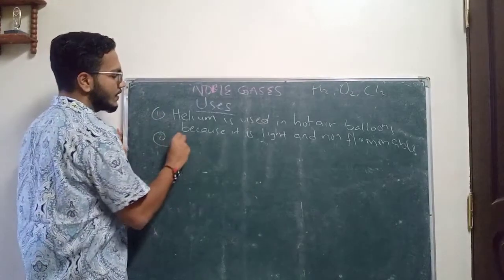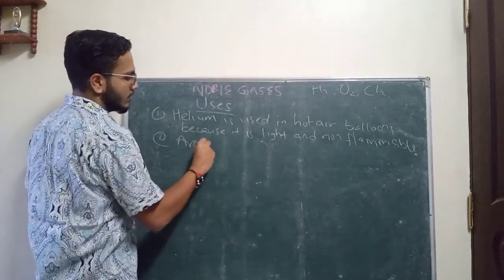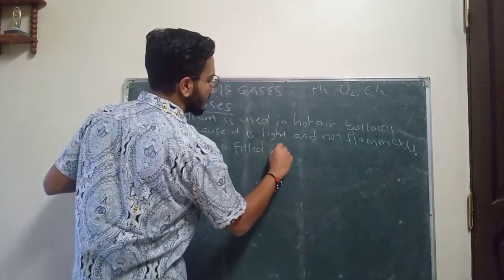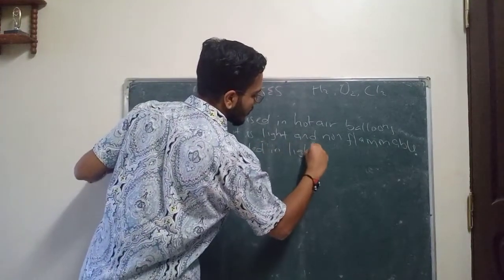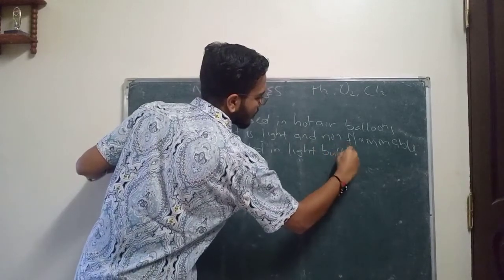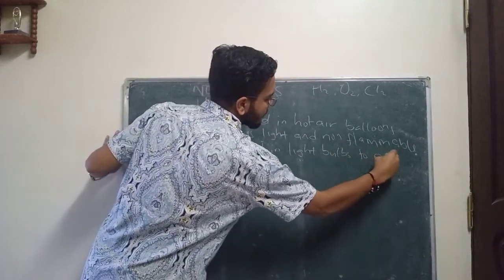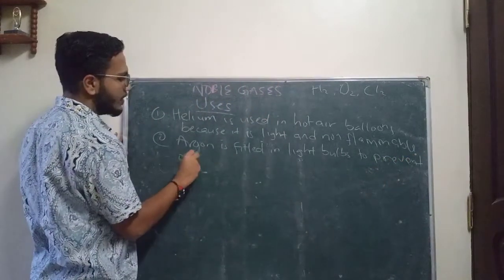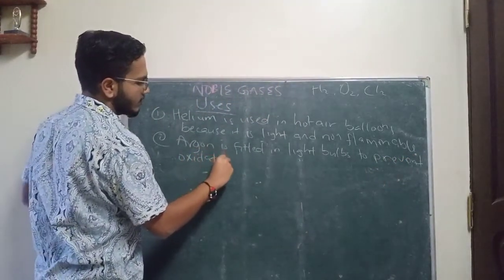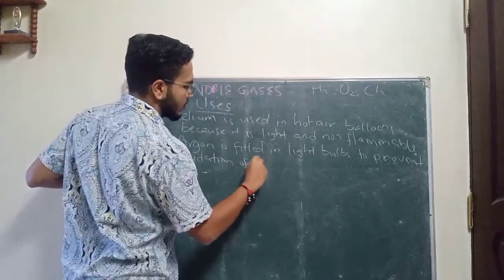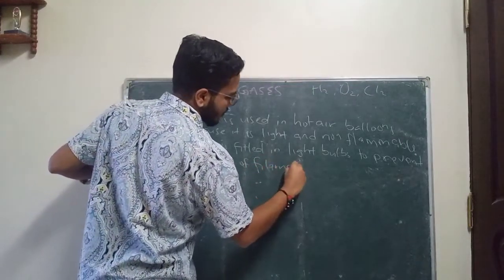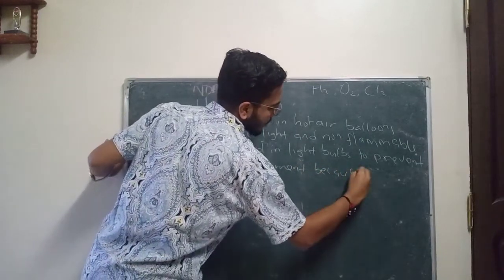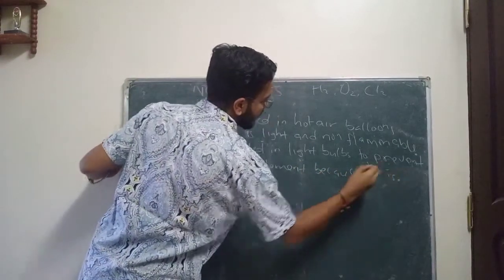So argon is fitted in light bulbs to prevent oxidation of filament, because it is inert.